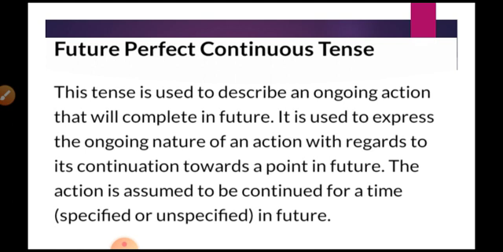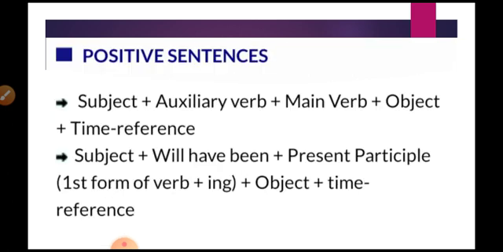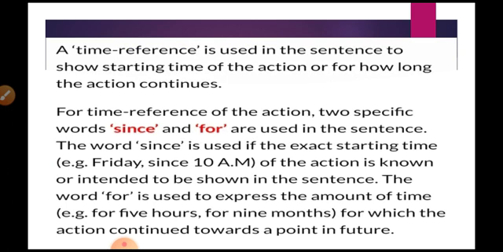The action is assumed to continue for a time, specified or unspecified, in future. A time reference is used in the sentence to show the starting time of the action or for how long the action continues.